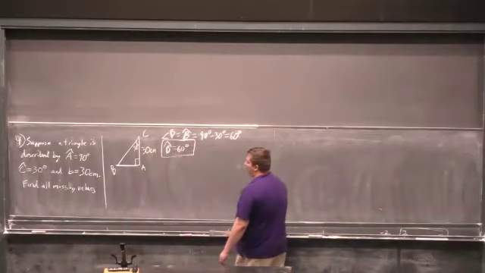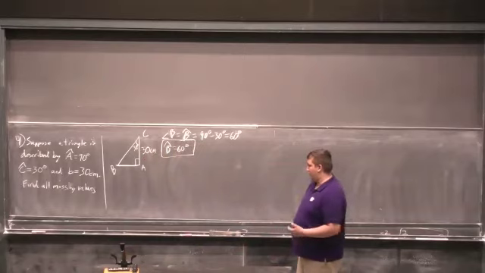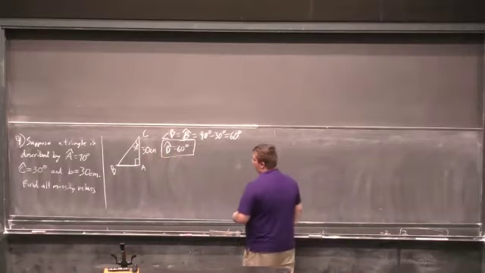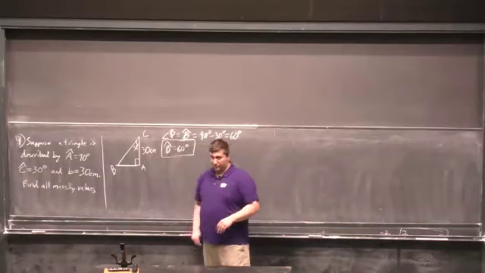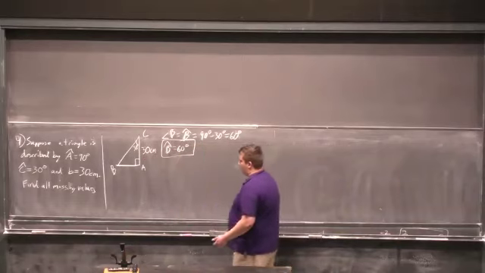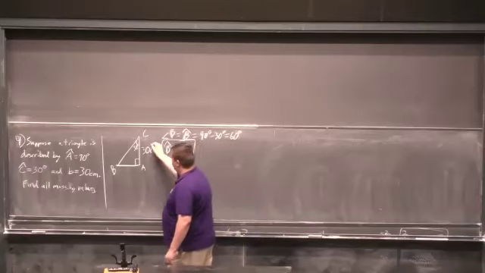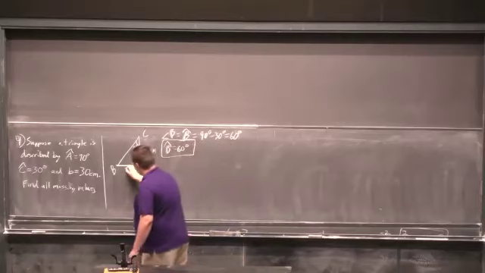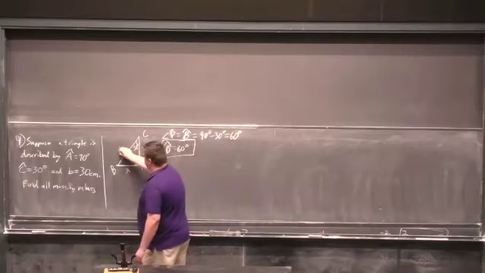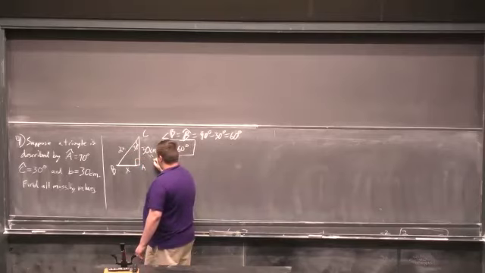That's here. This is a special right triangle, a 30, 60, 90. So we could use our known properties. And if we were to do that, we could have this side be equal to x, this side be equal to 2x, and this side be equal to x square root 3.